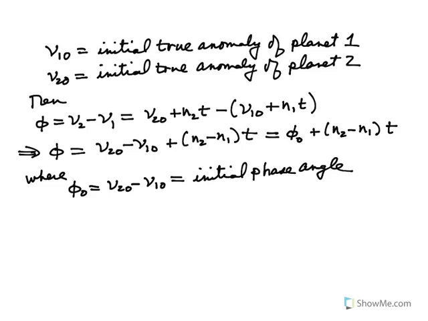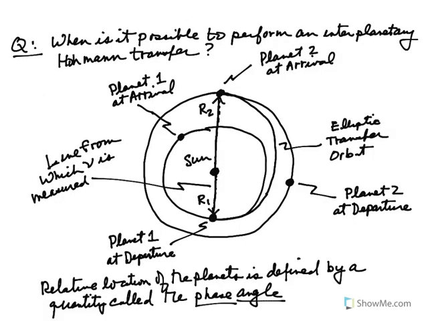So we can now look at that picture again, and we can see what that initial phase angle is. We actually see that the initial phase angle is this angle right here. So if we draw this angle, that is the initial phase angle, because that's where both the planets are at departure.